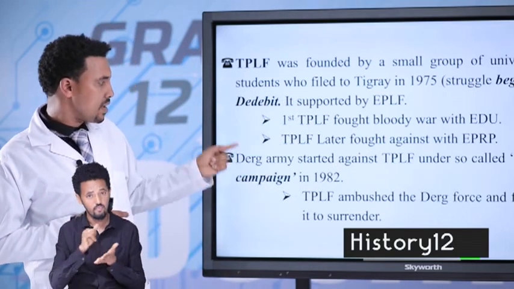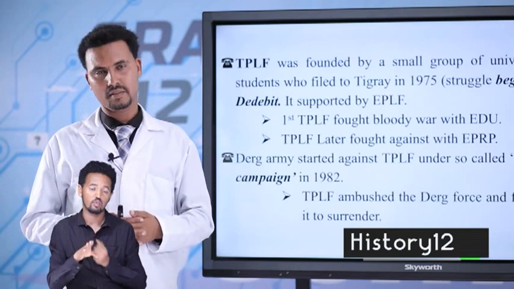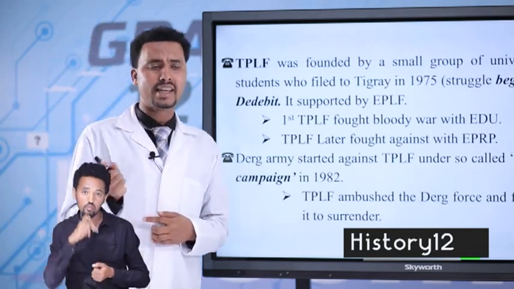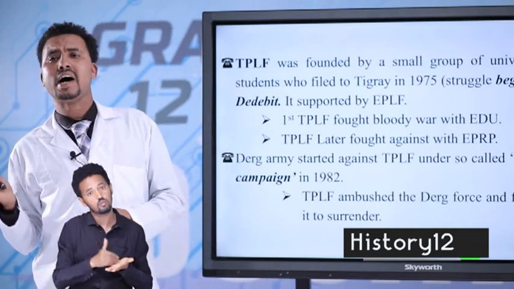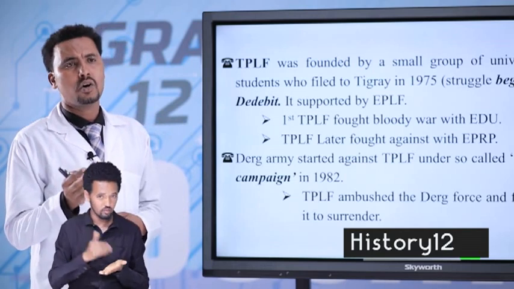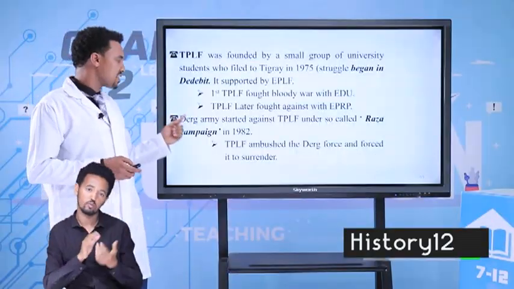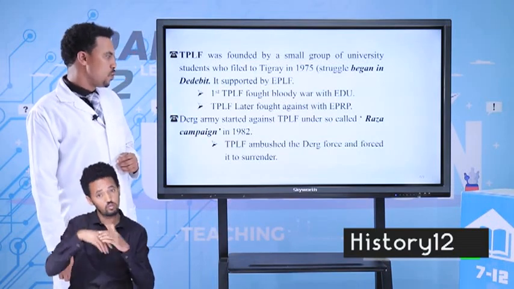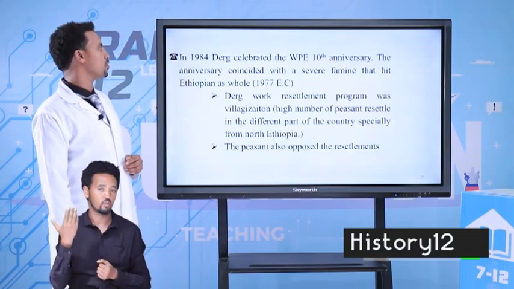Then the Dirk army started against TPLF under the Raza campaign. Mind you, student, Dirk implemented the Red Star campaign against Eritrea, and implemented the Raza campaign against Tigray, or TPLF, in 1982. Then TPLF ambushed Dirk force and forced its surrender in the northern part of Ethiopia.